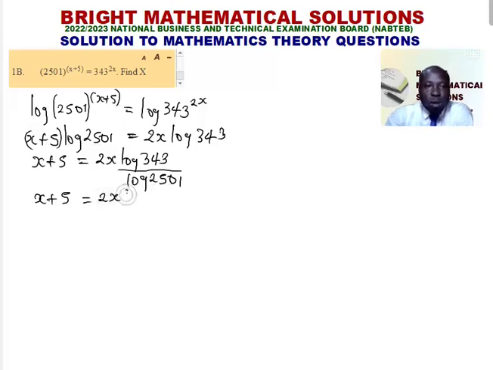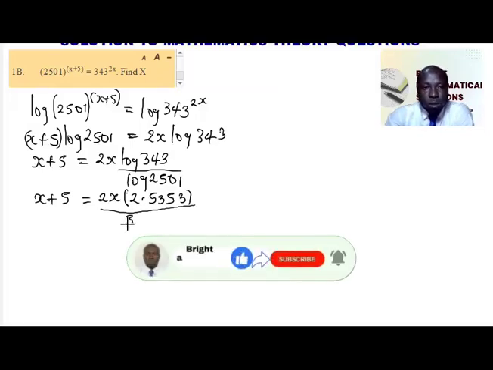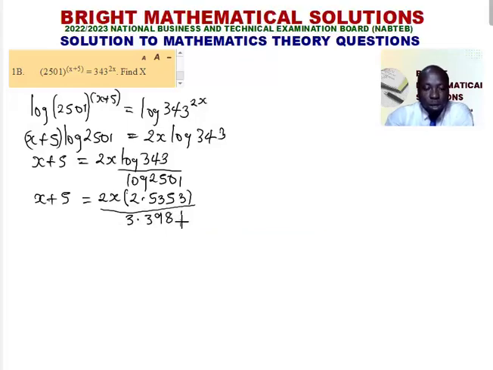So from my own calculation, log 343 is 2.5353 all over 3.3981.